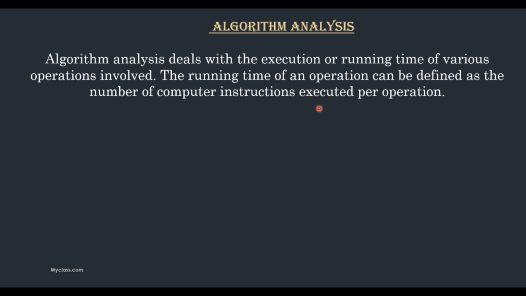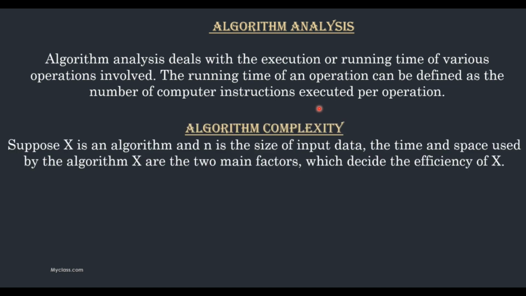That means the running time taken to make that tea is different when we are making it for one person and for more than one person. So the running time is the main part of algorithm analysis.